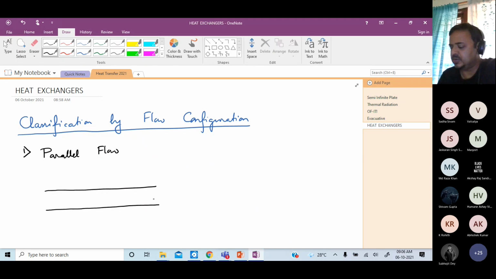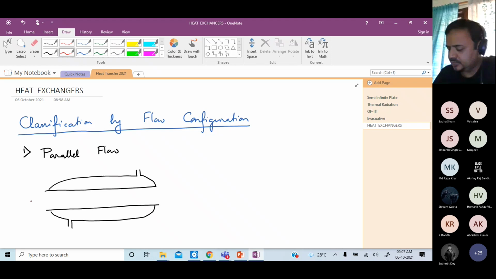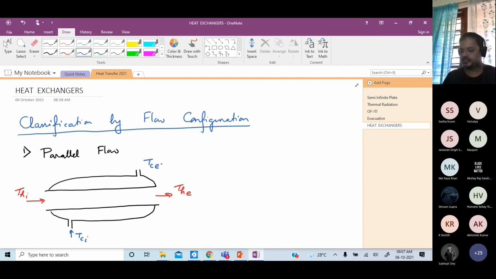this is my configuration, and this is my hot fluid, PHI, PH exit, inlet exit, and this is my cold fluid, PCI and PC exit.